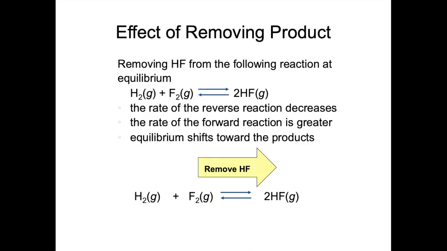You basically keep on skimming off product, and the equilibrium will keep on shifting to the product side and making more and more product. If you didn't do this, the reaction would essentially seem to stop because it would stay in that dynamic equilibrium, and you would get only a limited amount of the product that you want. You'd still have lots of your reactant left over. So this is something that we can take advantage of here. We can use Le Chatelier's principle to work for us here.